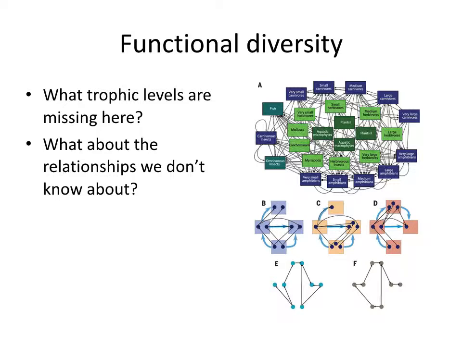Otherwise, the most important aspect of ecological diversity or biodiversity has to do with functional diversity rather than simple species richness. We still use species richness as an important proxy for understanding biodiversity in a particular ecosystem.